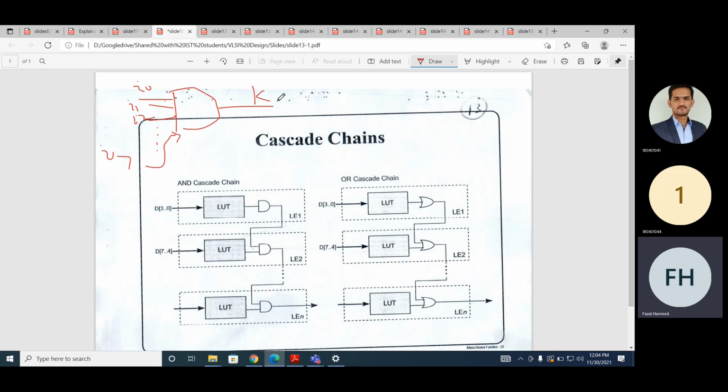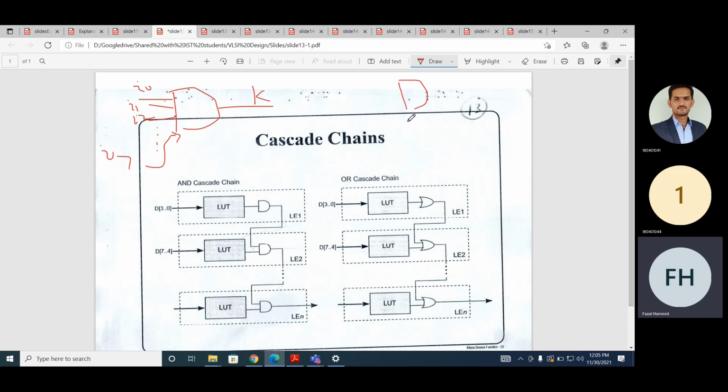We want to implement this function, but with the current Flex 800 element, we can only implement a combinational function of 4 inputs, not a combinational function of 8 inputs.